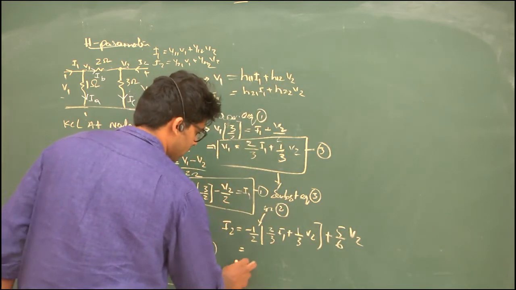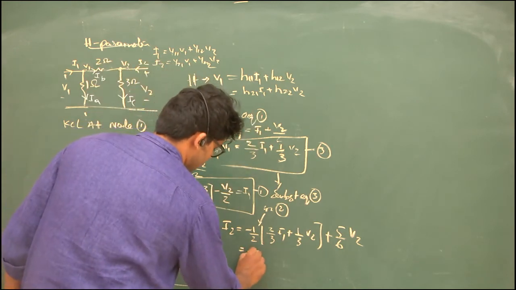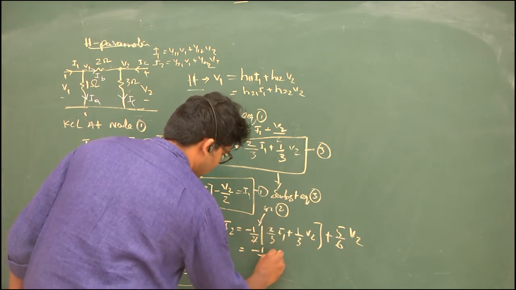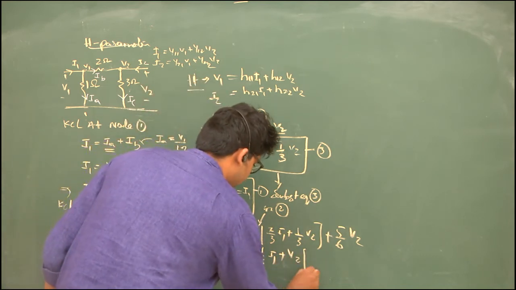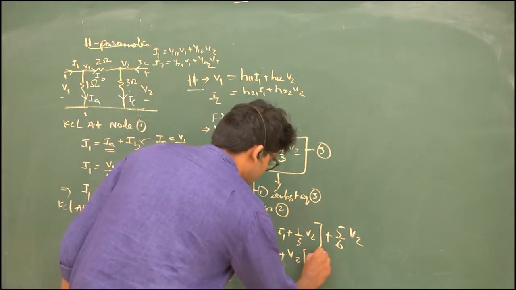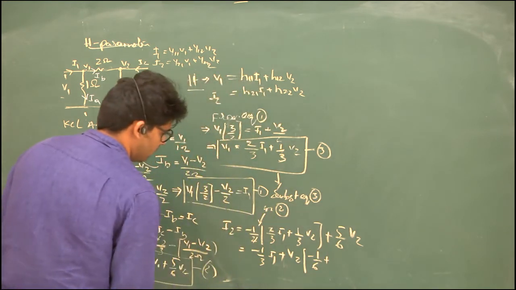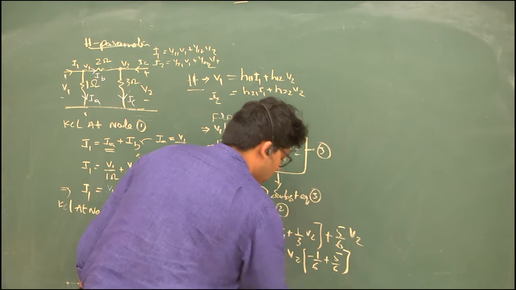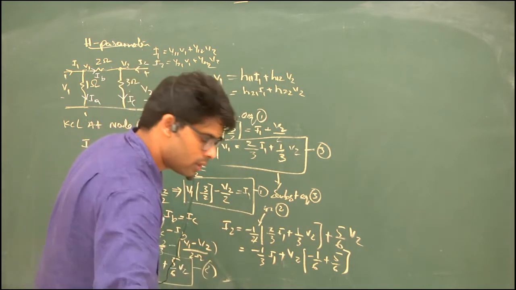We need all I1 terms in one place: minus 1 by 3 I1 plus V2 times minus 1 by 6 plus 5 by 6.